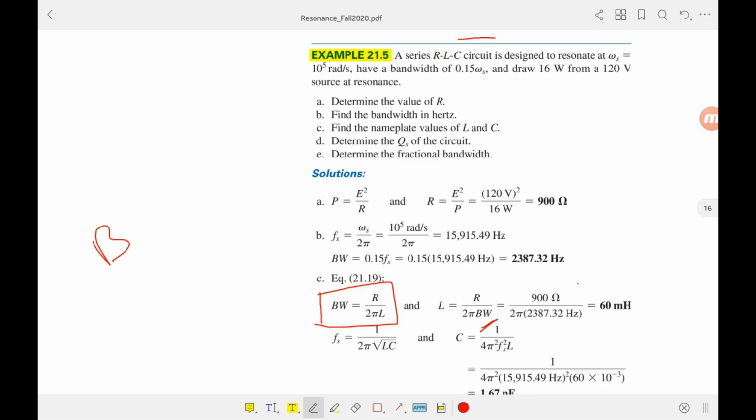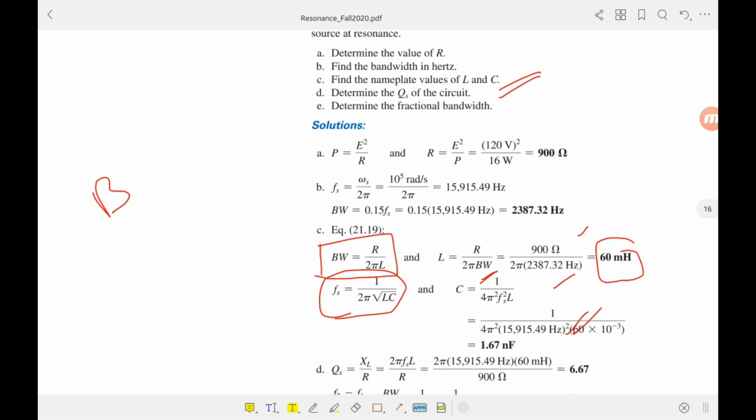Then if you put in the values of R and bandwidth, you will get L as 60 millihenry. And to calculate C, we can use Fs equals 1 over 2 pi root LC, the resonant frequency equation, where we can find the expression of C just like this.